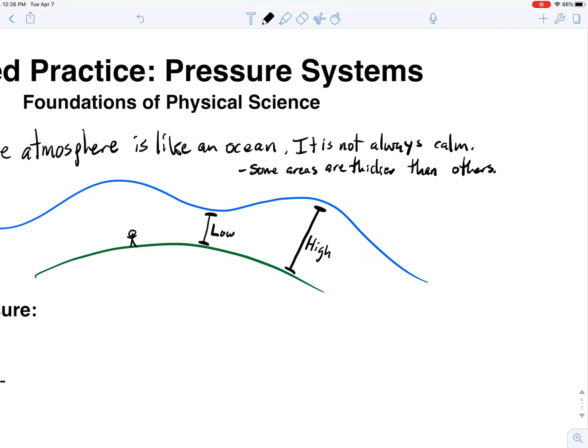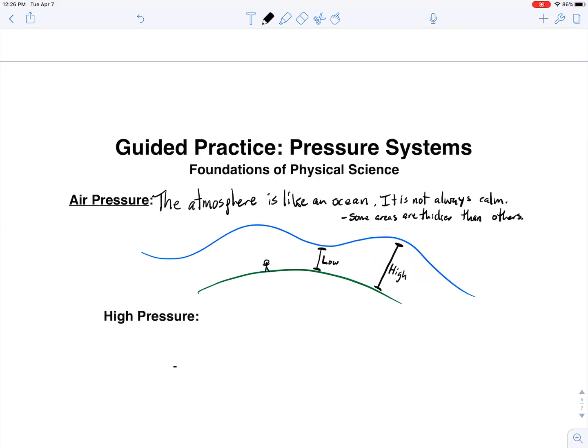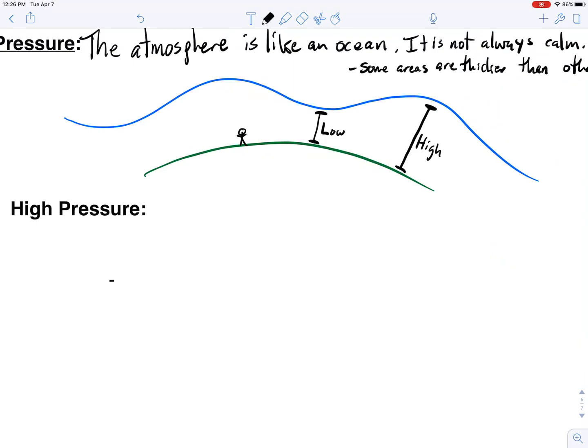And that's essentially what's going on. Again, that drawing is way exaggerated, but it's a good way to think of this wavy ocean. The lower areas between the waves are areas of low pressure, and those peaks, those thicker parts of the atmosphere, are high pressure. Remember, air is a fluid. It flows a lot like water, and thinking of it as an ocean is really not that abstract.